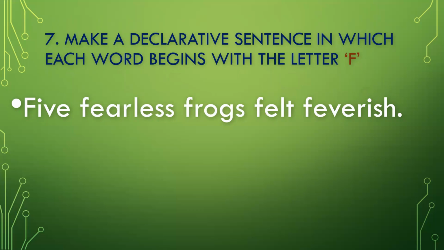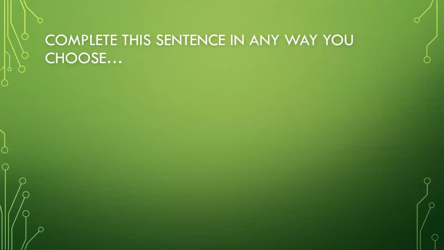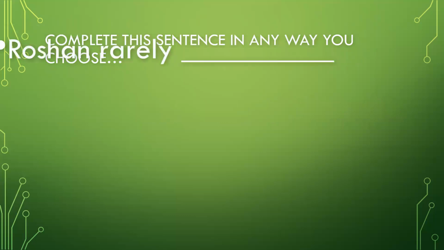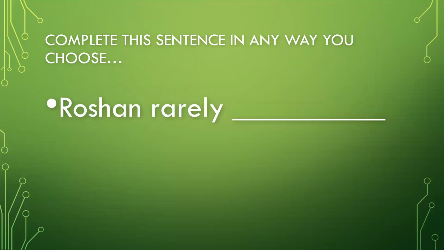All right, those were the seven challenges that I had for you today. But before we end the lesson, I have something else for you to think about. Complete this sentence in any way you choose. Roshan rarely, anything you want to say. Okay, I could say Roshan rarely combs his hair.